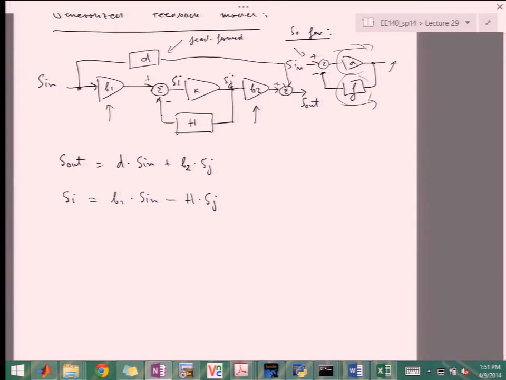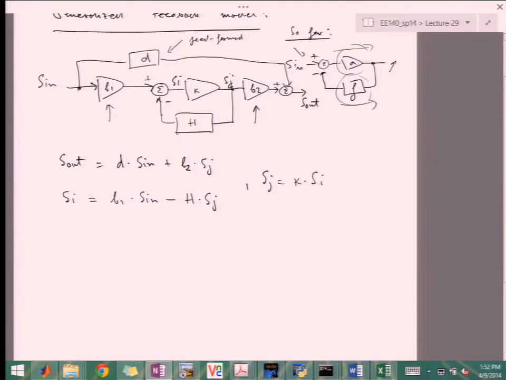I'm using slightly different terms here on purpose, and we're going to relate them after we derive everything to the loop gain and the familiar terms we used so far. Sj and Si are related through the amplifier gain.